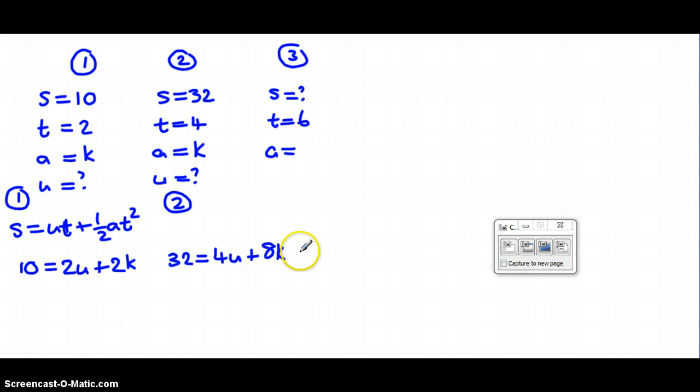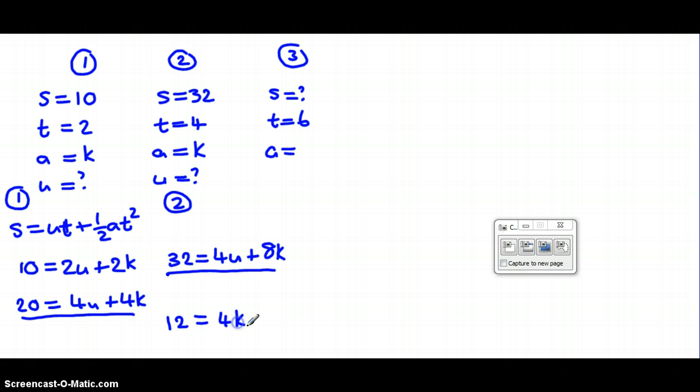Feel free to pause it, take your time and check that you're okay with those two expressions and where they've come from. Using a bit of simultaneous equations, I think I use elimination. If I just double this first equation, I can then find the difference between them, and if I do this one minus this one, I end up with 12 equals 4k.